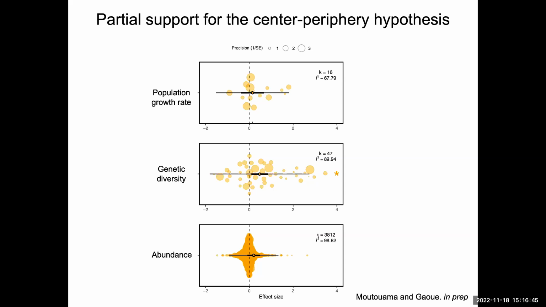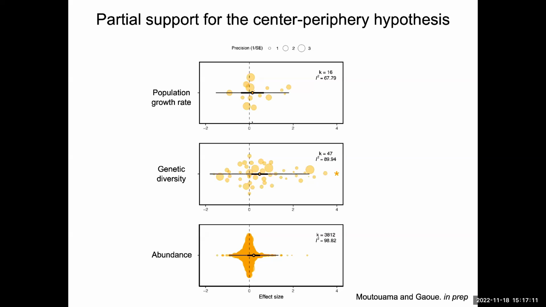The extent to which the effect size varies across a meta-analysis is called between-study heterogeneity, and this is the I-square here. Those values are more than 60, suggesting that we have high heterogeneity and a large variance in our results.